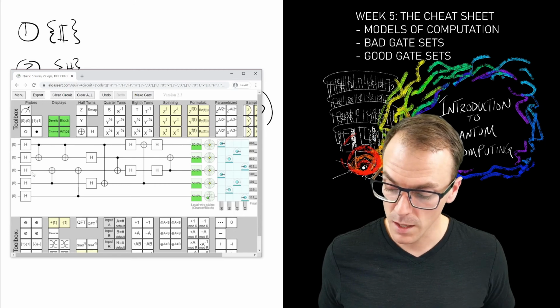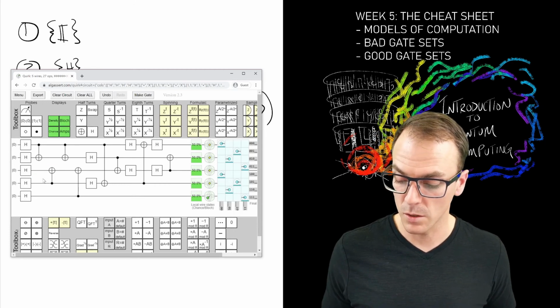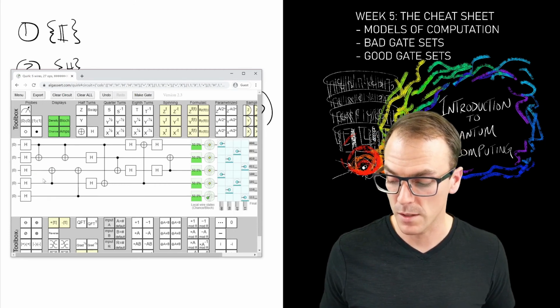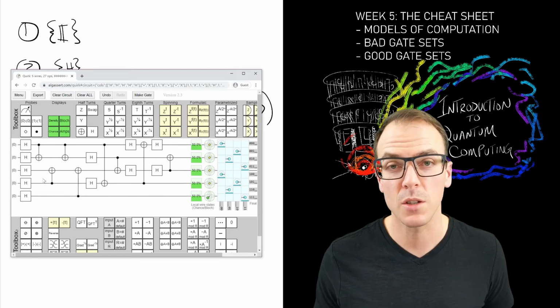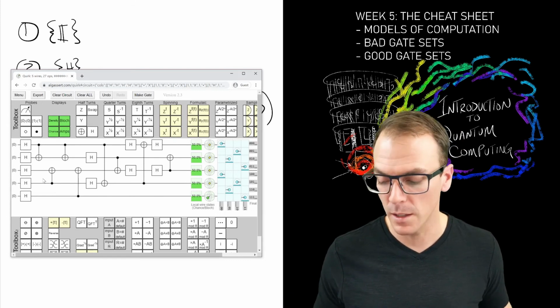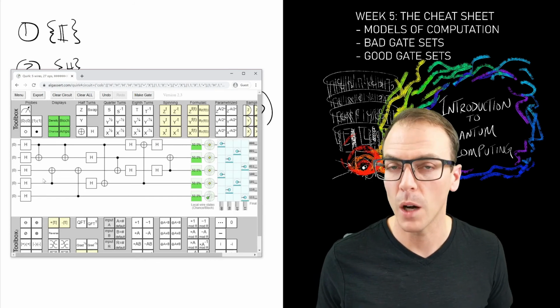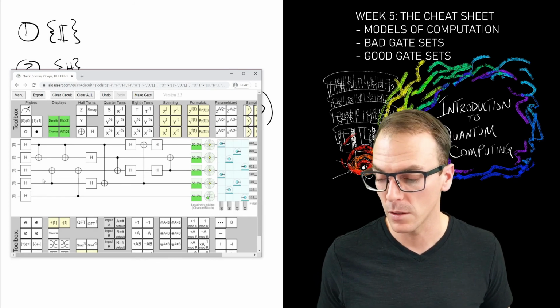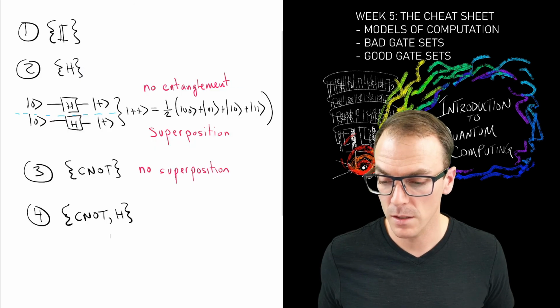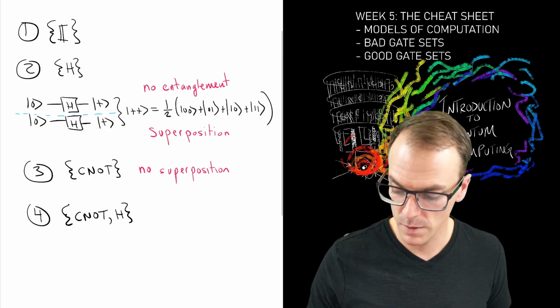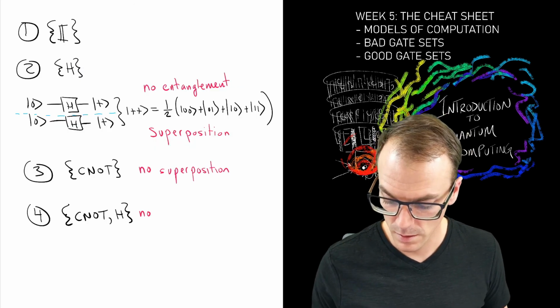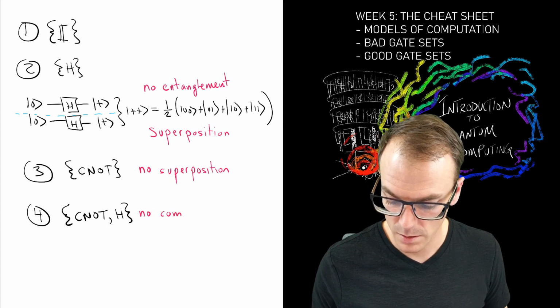So such a circuit, which only ever produces these superpositions that have plus or minus 1 up to some normalization, clearly isn't going to cover all possible quantum computations I can do. So this has no complex numbers.